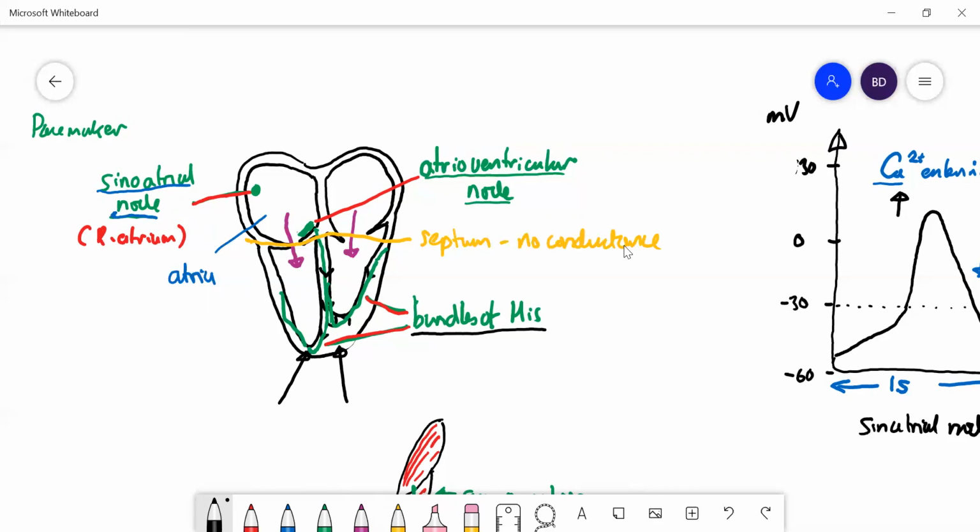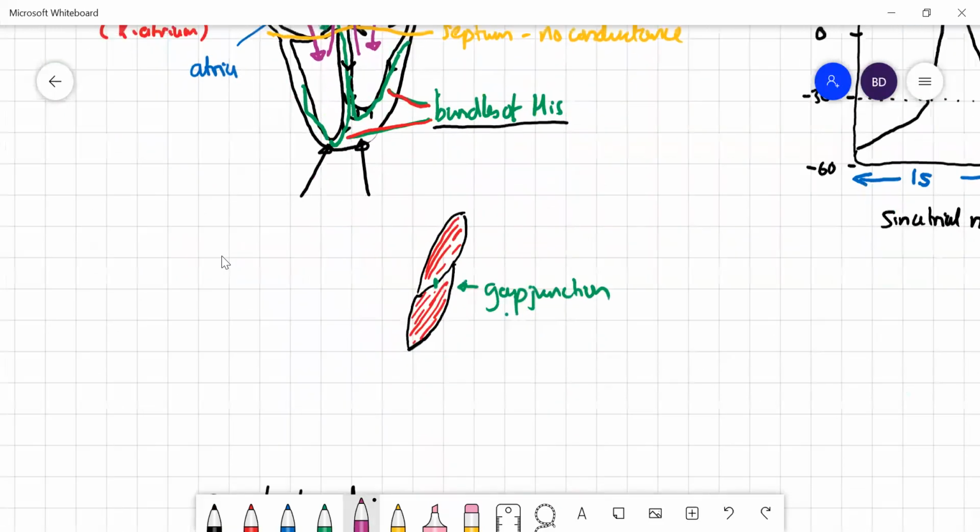So all the ventricle myocytes will all then depolarize. When they depolarize, they contract. I haven't drawn any blood vessels here, but of course the blood vessels from the ventricles are going to go up into the pulmonary artery and into the aorta.